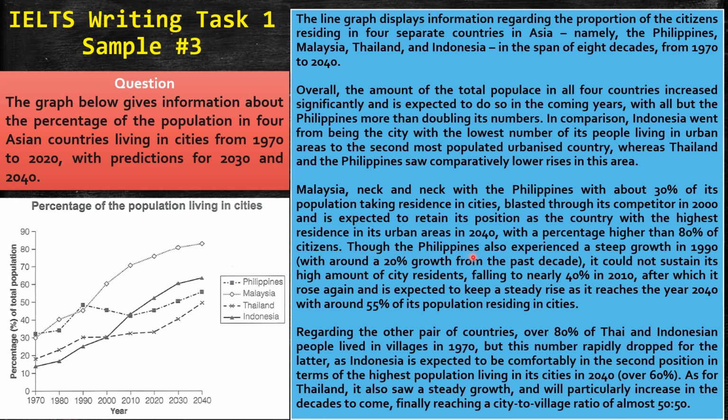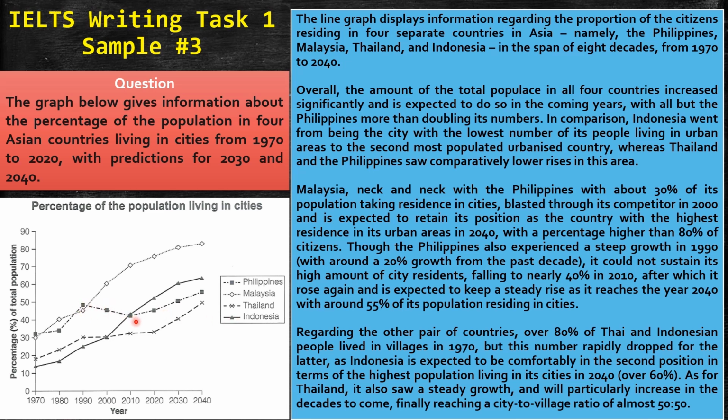Though the Philippines also experienced a steep growth in 1990, in brackets with around a 20% growth from the past decade, it could not sustain its high amount of city residents, falling to nearly 40% in 2010. So what happened? The Philippines, their city population actually decreased from the year 1990 to 2010.